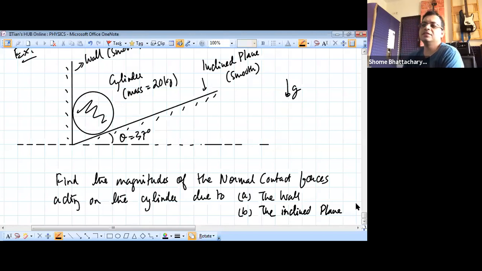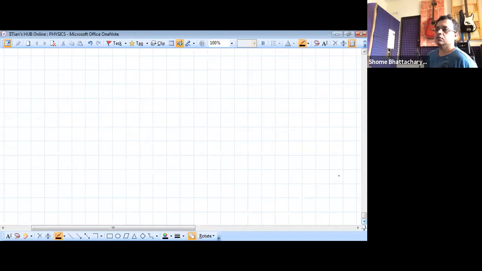Now, having said that, the next question that will come to our mind is what is the direction of the normal reactions? For that, the guideline is from the name of normal reaction only. It's normal or perpendicular to the plane of contact. So let's understand the plane of contact business over here. Let me draw this in more detail now.